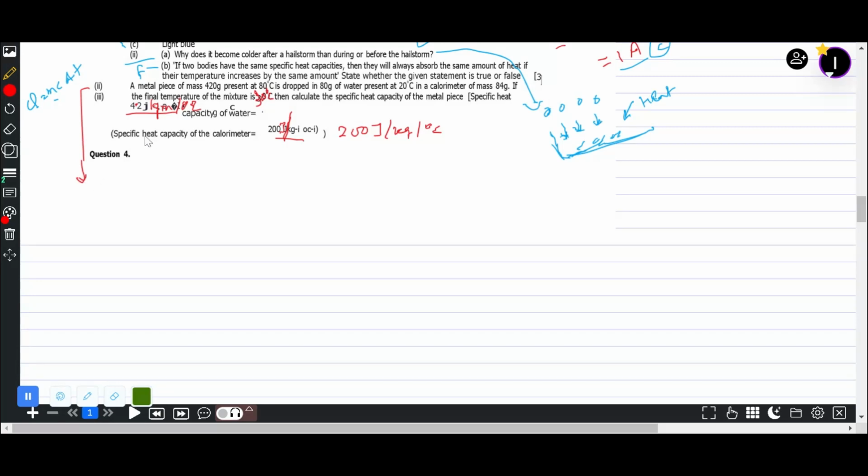So what is given is that in a calorimeter, the metal piece is dropped. So mass of the metal piece is 420 gram, which is at 80 degrees centigrade. So heat given by the metal, the metal piece is at high temperature.